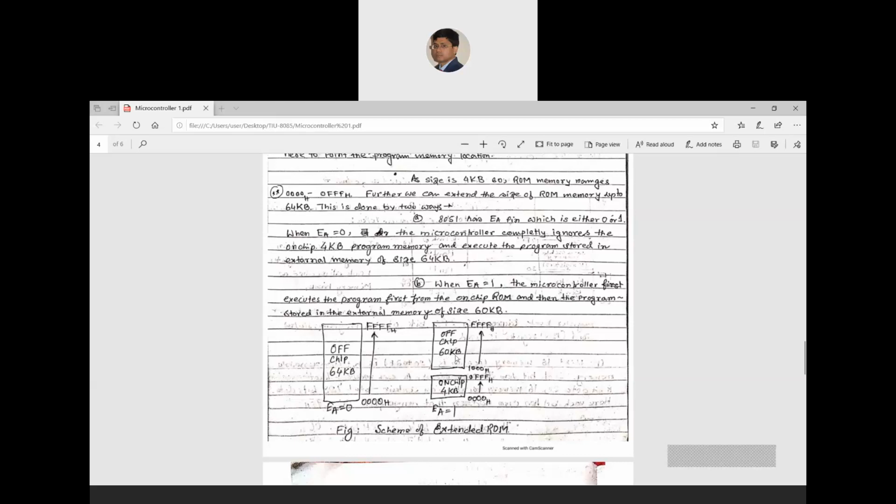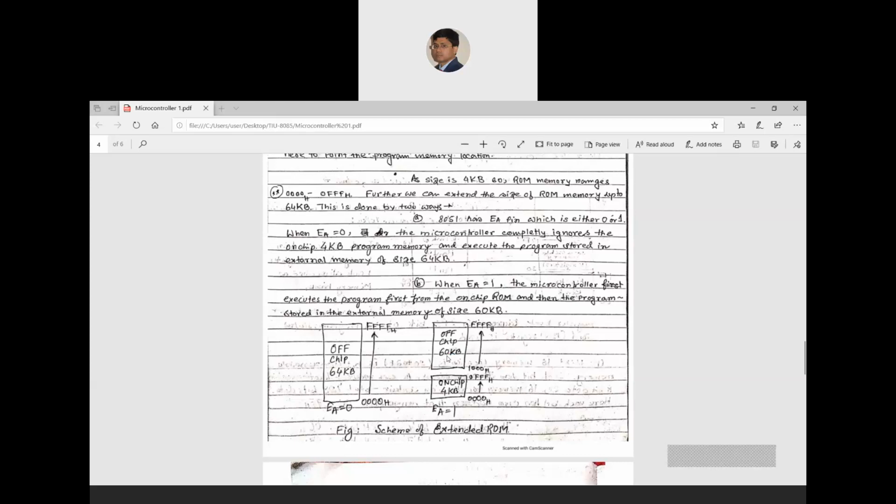You always have sizes in powers of 2: 4 kilobyte, 8 kilobyte, 16, 32, 64, like this. So though I have shown an off chip ROM of 60 kilobyte here, it is actually 64 kilobyte. But as the initial 4 kilobyte is not used during program execution, I have not noted that part in this figure.